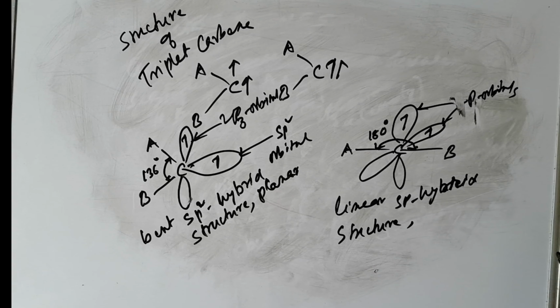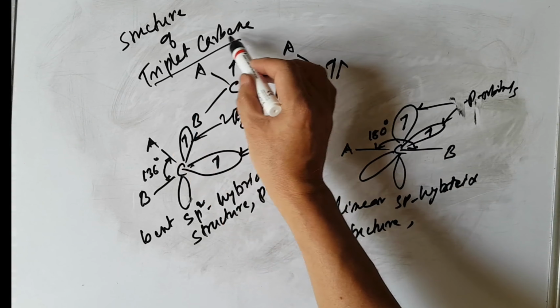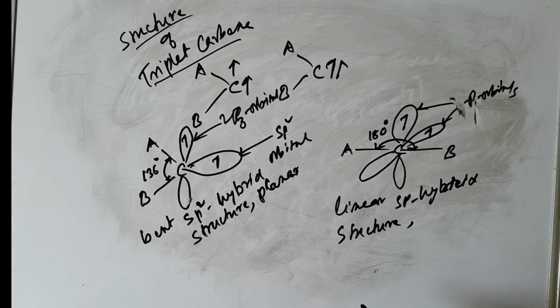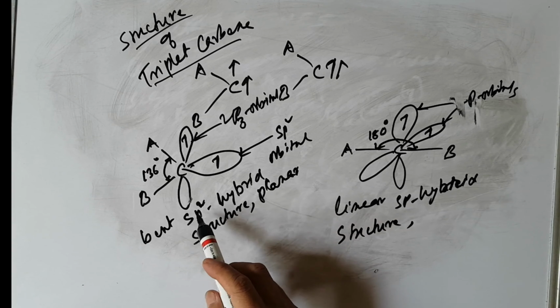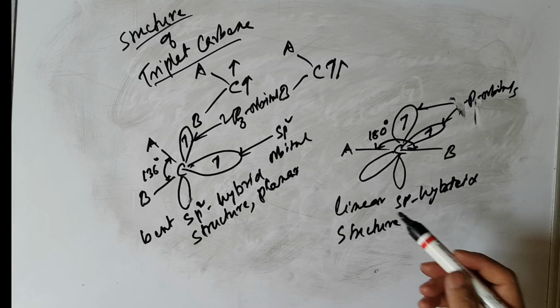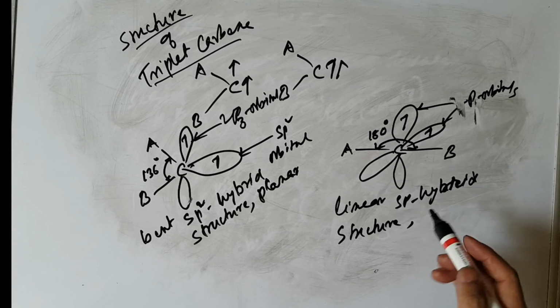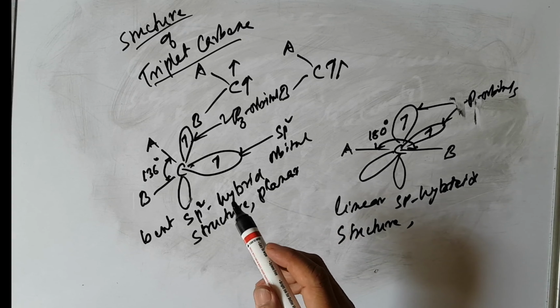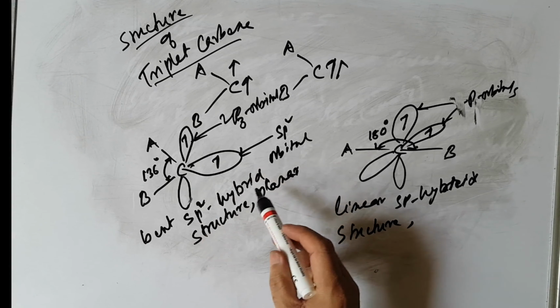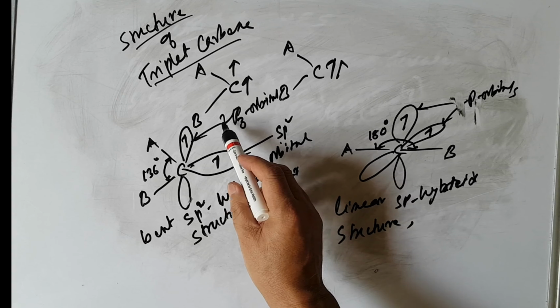What I want to say again is that the triplet carbene has two types of structure. One is the bent sp2 hybrid structure, and another is the linear sp hybrid structure. In the bent sp2 structure, the two spins occupy the sp2 orbital as well as the 2p orbital.